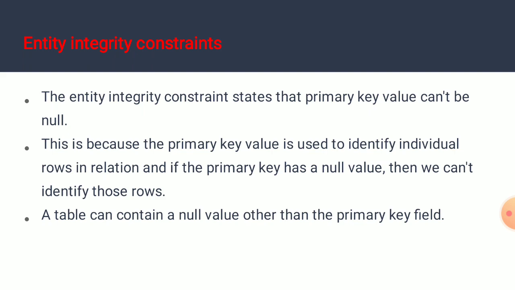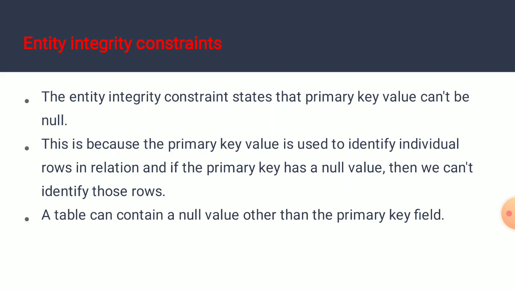Next is entity integrity. Entity integrity states that the primary key values can't be null. This is because the primary key values are used to identify individual rows in a relation, and if the primary key is a null value, then we can't identify those rows.